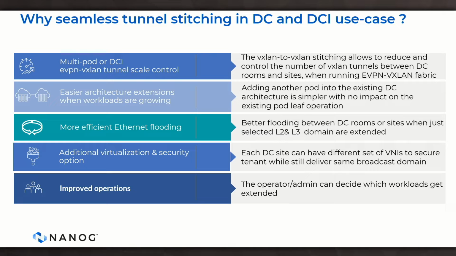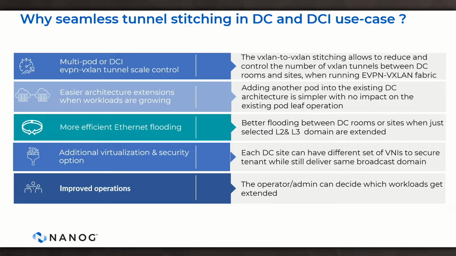Seamless stitching helps whenever you deploy your data center with EVPN-VXLAN, because it can help you scale out. I deploy 2 sites, but then maybe my service is growing, and I need to connect more of these regional or smaller edge data centers. In order to scale out, I need a form of control over how many of these tunnels I'm going to create when I already have a pretty decent number of overlays in my fabric.